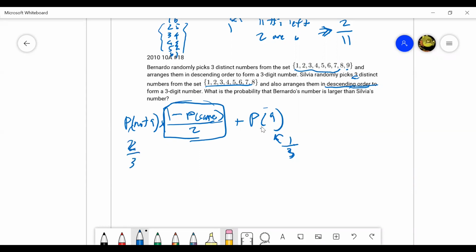And then the probability of not getting 9 is 2/3, and 1 minus the probability of the same, over 2. We have to figure out the probability of getting the same number, and that just means that you ended up choosing the same 3 digits.